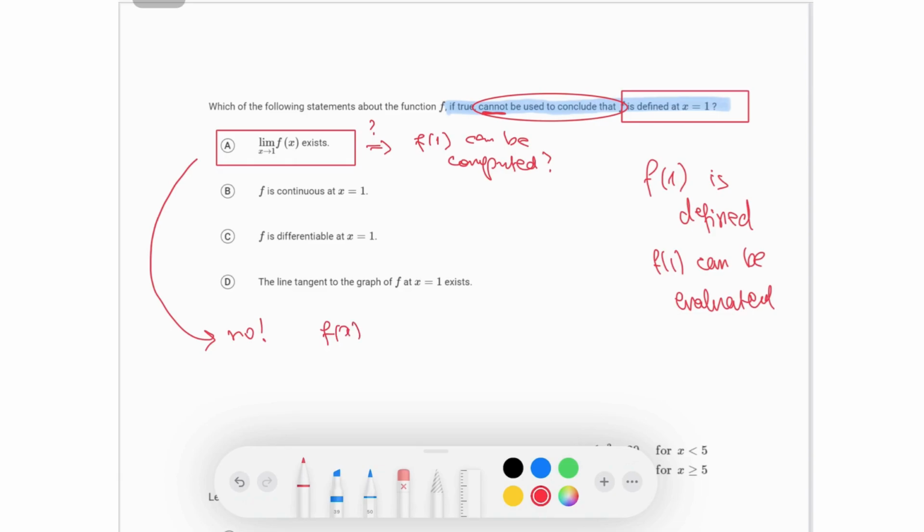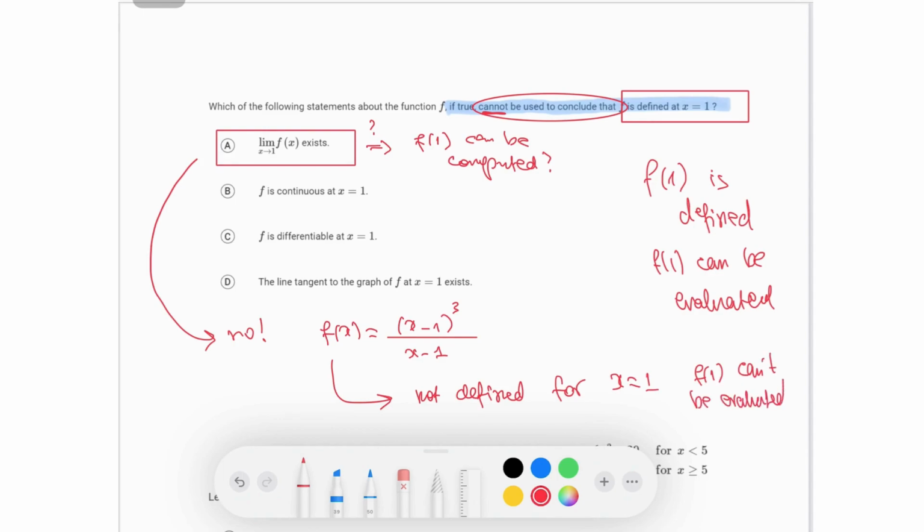If you take f of x equals (x minus 1) cubed over (x minus 1), for example, this function is not defined at x equals 1, so f of 1 can't be evaluated. But the limit exists.